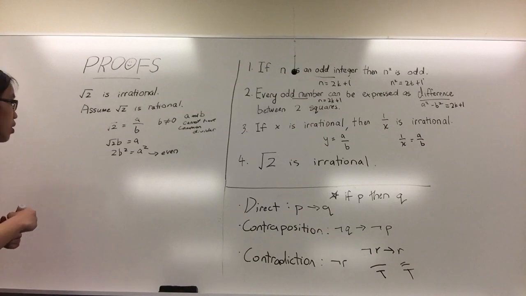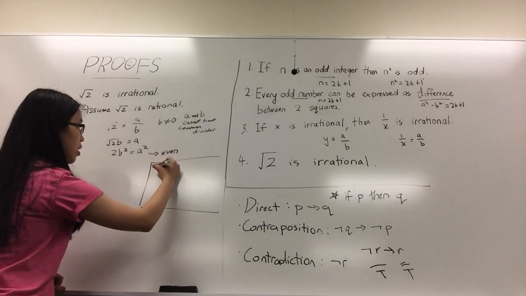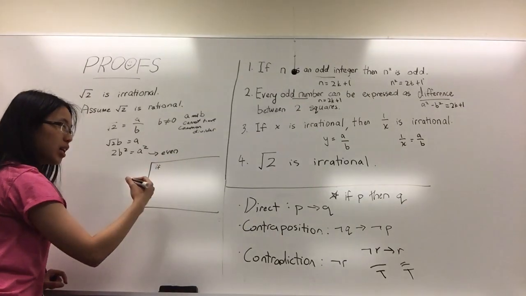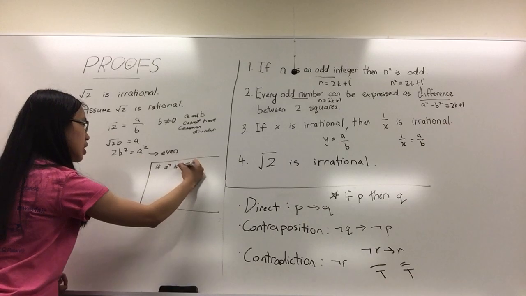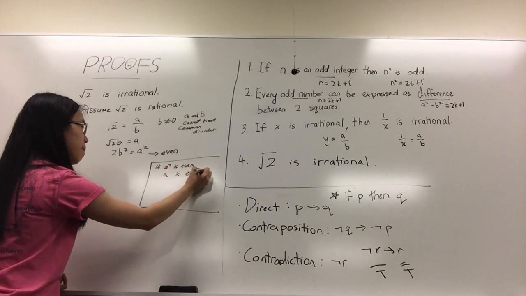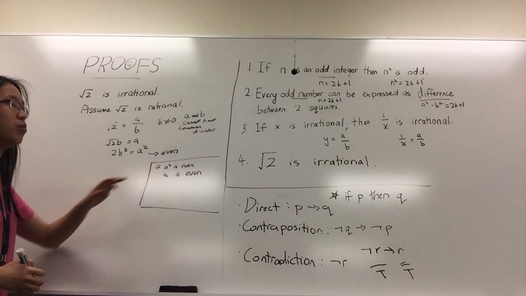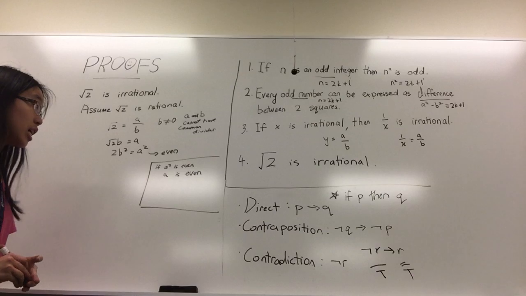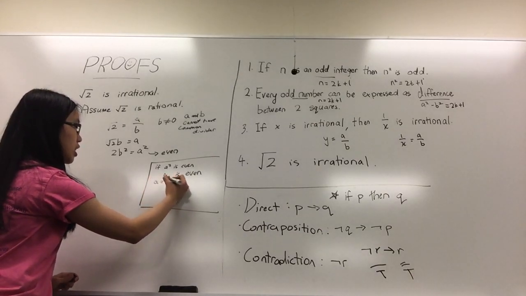Just as a quick proof, we can predict that if a squared is even, a is even. It's really hard to start off with a squared is even to prove that a is even, so in this case we can also use a proof by contraposition. We start by assuming a is odd.